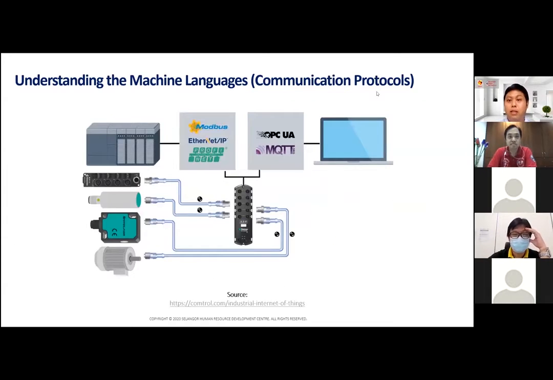So then if you look at the entire communication strategy, right, from sensor level to field level all the way to MES level and ERP, right? So from field level sensors, you can connect to a hub, right? Which is basically, it can either be a gateway or it can be an IO-Link technology, right? And at this controller level, you can speak in multiple languages.